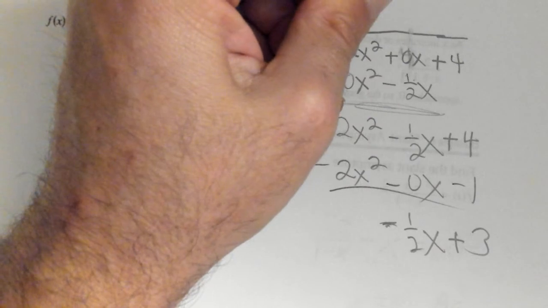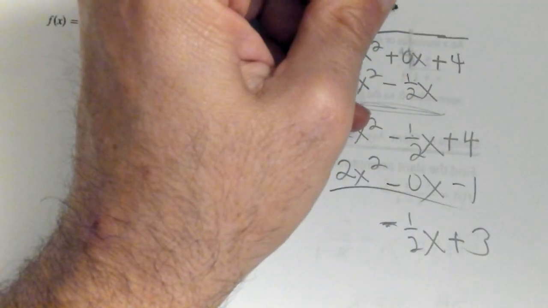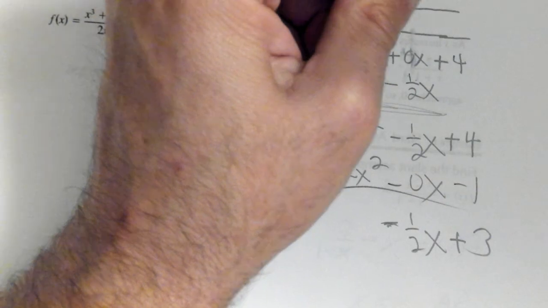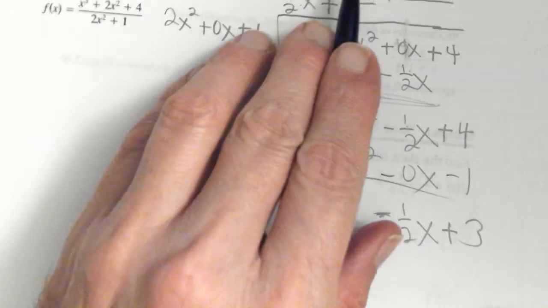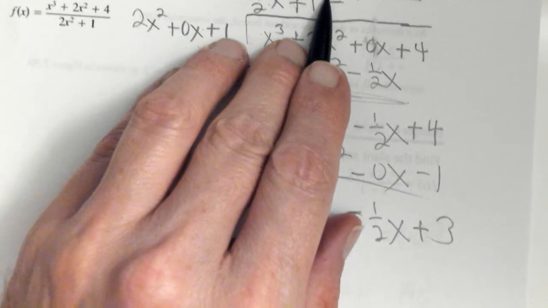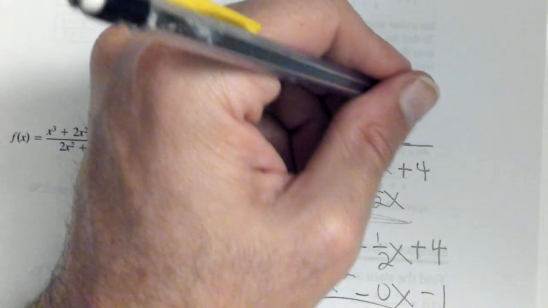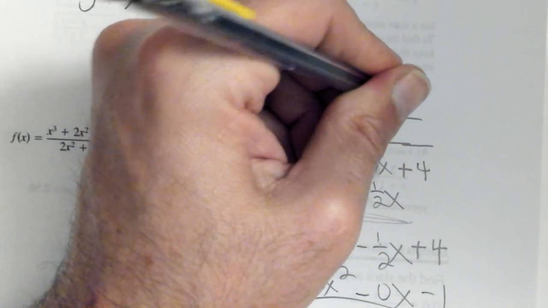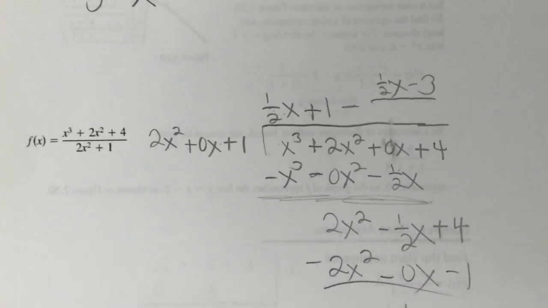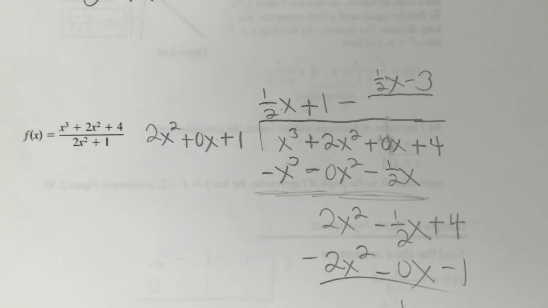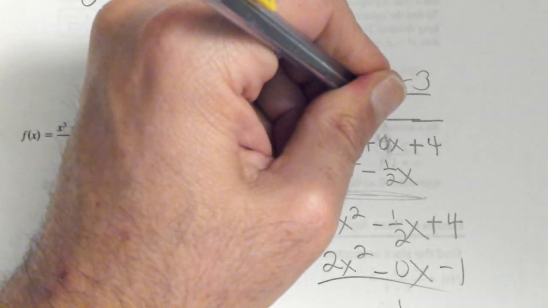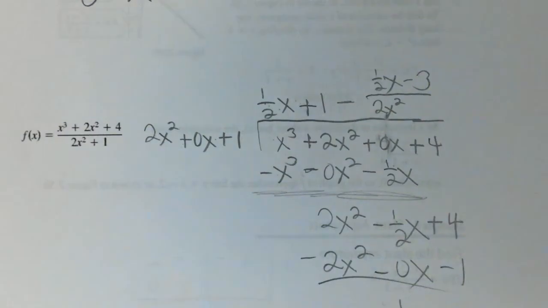So it'll be minus, and on the top, of course, we're going to have 1/2 x. Now don't forget, since I pulled that negative out here, it's got to change the sign of both of the terms. That's one thing that sometimes is forgotten with these negative fractions. So that's actually going to be a minus 3. So plus 3 here is going to be minus 3 when it drops in, just because of pulling out that negative. And so on the bottom, then we'll have the original denominator, which is going to be 2x squared plus 1.